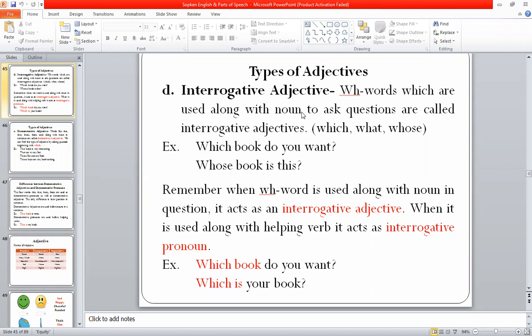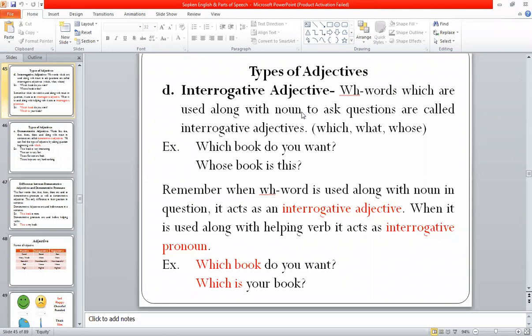So let's see one tip over there. Remember, when a WH word is used along with a noun in a question, it acts as an interrogative adjective. Yes, I told this tip to you. Remember that when a WH word is used along with a noun in a question, it acts as an interrogative adjective. Okay, and when it is used along with a helping verb, it acts as an interrogative pronoun.